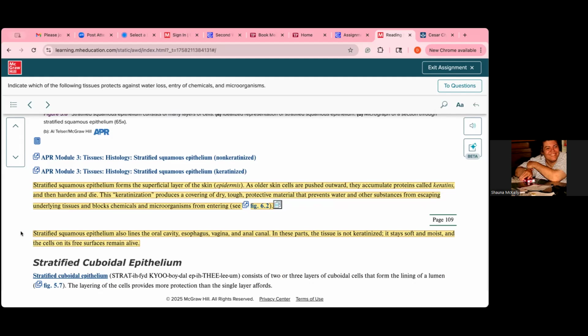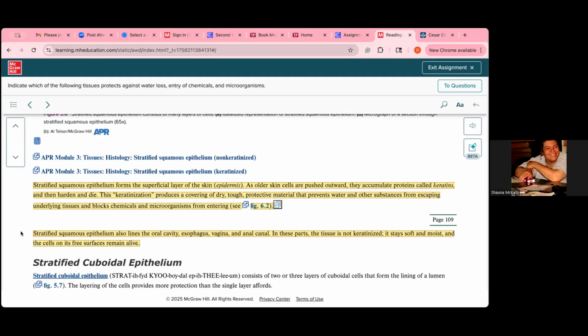This keratinization produces a covering of dry, tough, protective material that prevents water and other substances from escaping underlying tissues and blocks chemicals and microorganisms from entering.